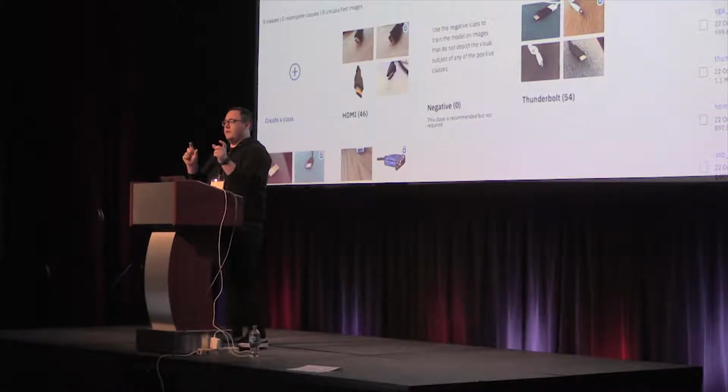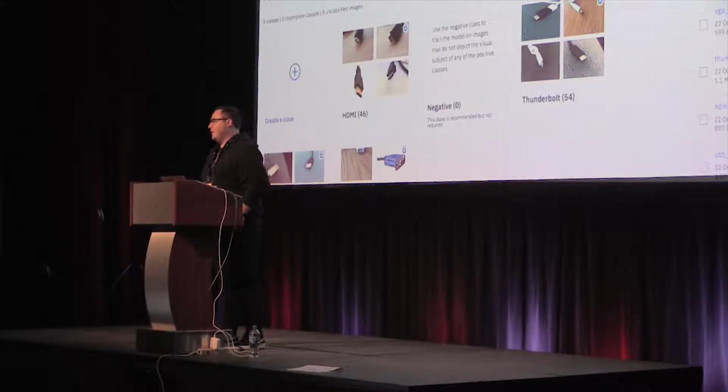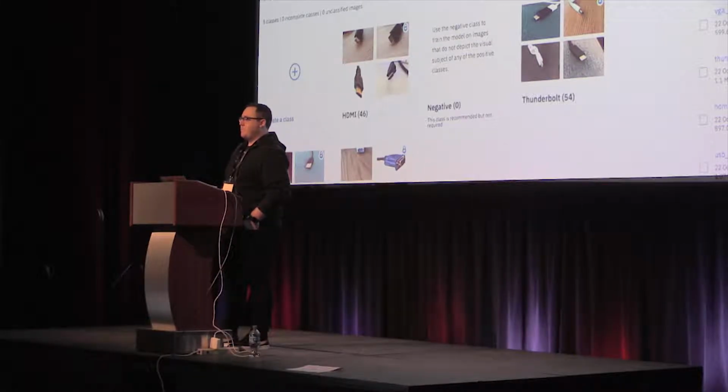So if you can eliminate some of these subtle differences, for example, if you took it with a high definition HDR camera, the images will be slightly different than with my iPhone. If you can remove those factors, it'll improve your classifier, if that makes sense.